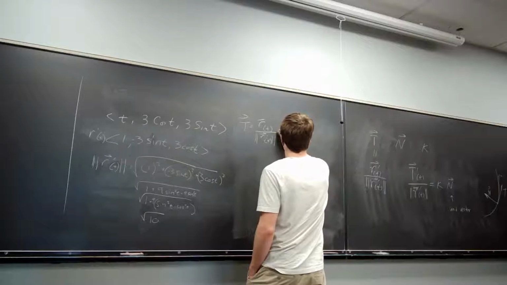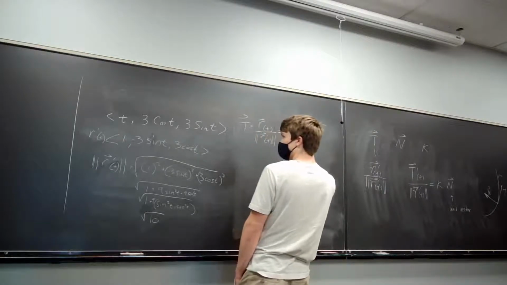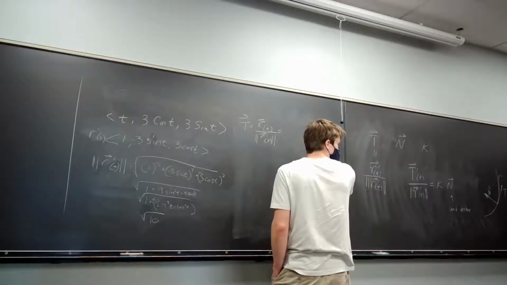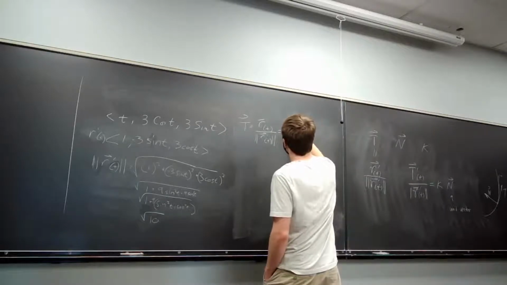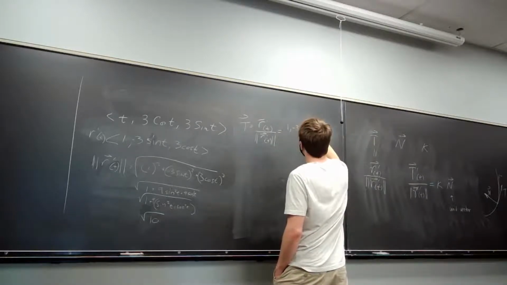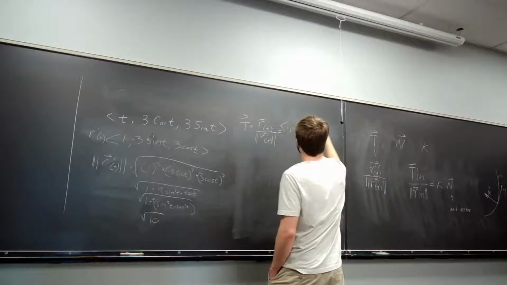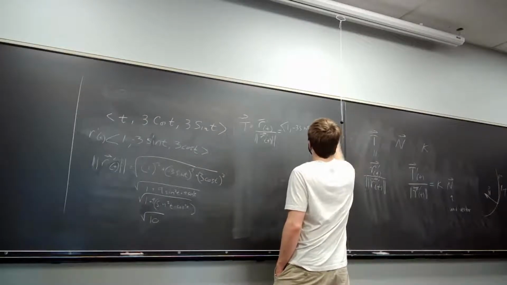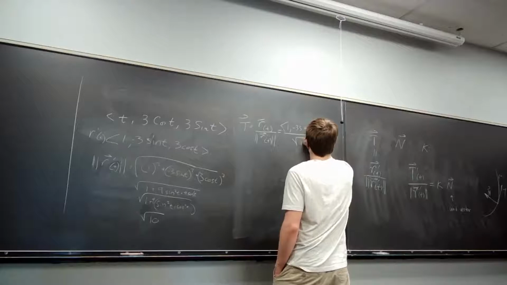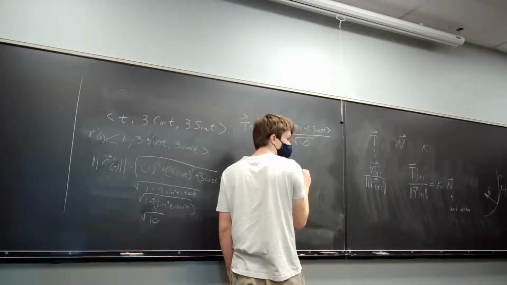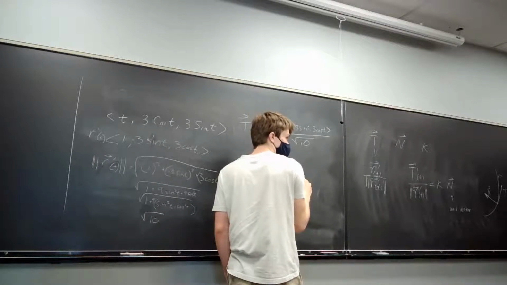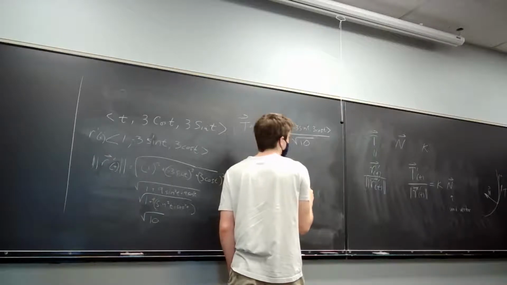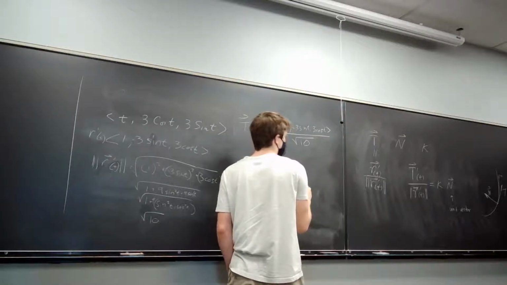Then plug in the vector and its norm. Very nice. And this square root 10 is to make T a unit vector, because now if you compute its norm, it will be 1. It's not square root 10 anymore, because you have divided it by square root 10, it becomes 1. Great, so you found T.